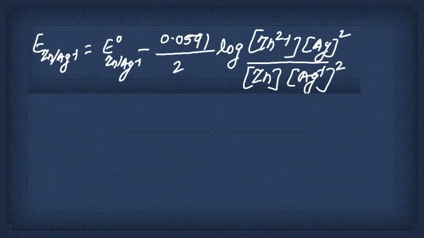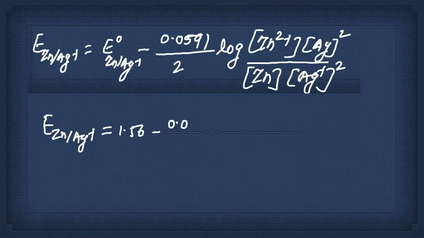E Zn Ag+, which is equal to 1.56, that is the standard EMF for this particular cell, minus 0.0591 divided by 2 log.